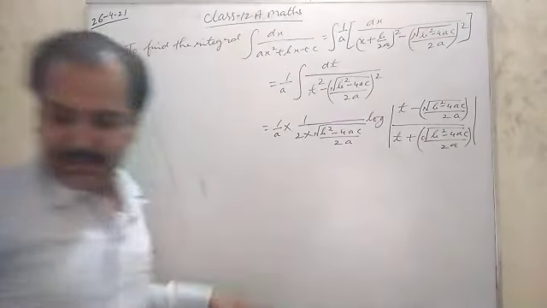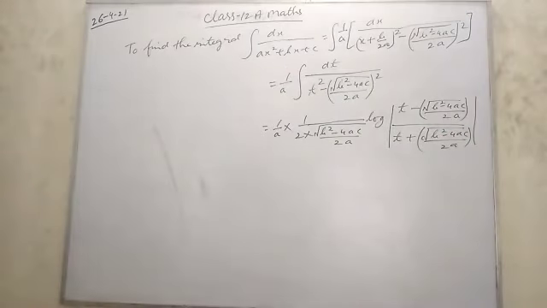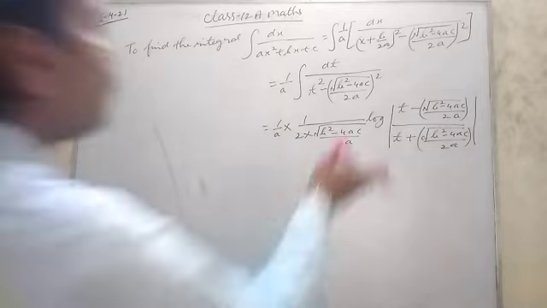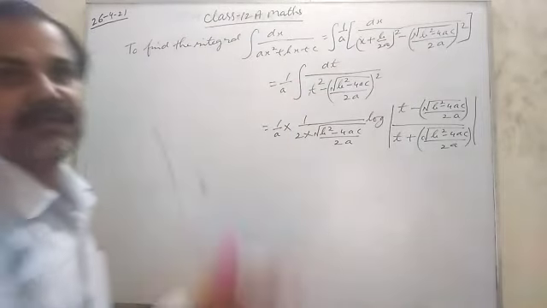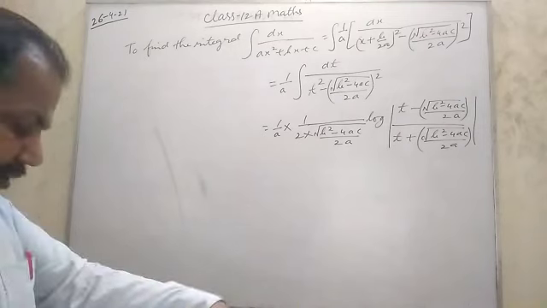So like this you can do, and then putting the t value, so t value is x plus b upon 2a. So like this you simplify and find your answer. Clear?